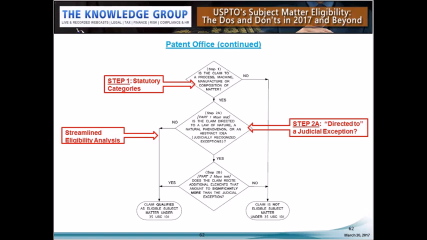Examples of this include the cDNA analysis in Myriad. Products of nature that do not have markedly different characteristics from the nature-based product may have subject matter eligibility if the claim as a whole amounts to significantly more than the natural product.